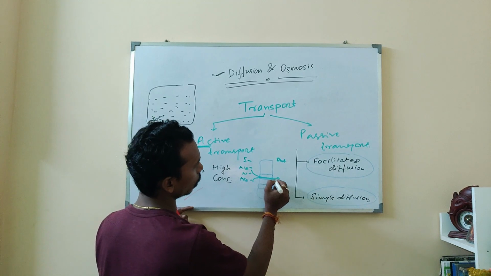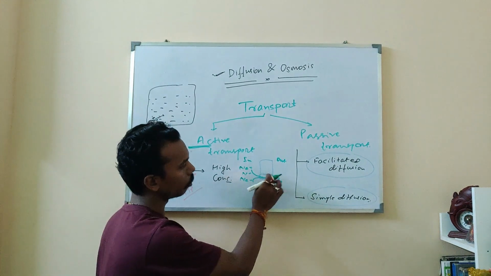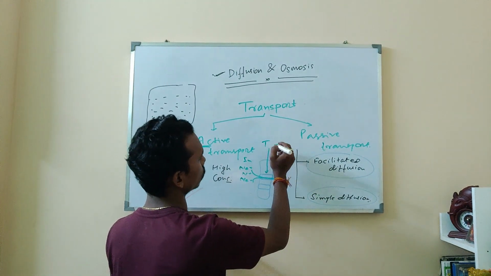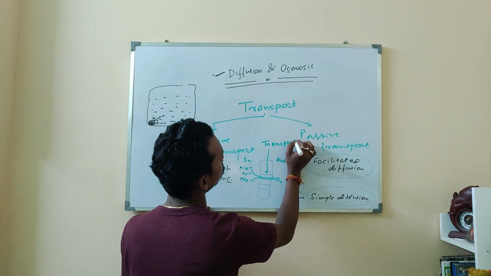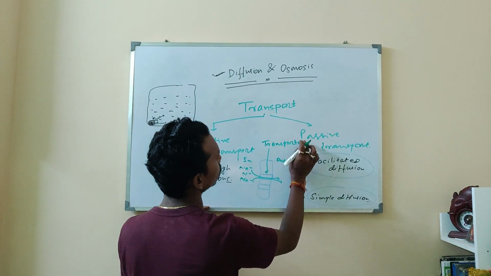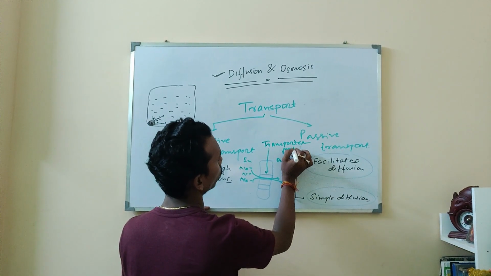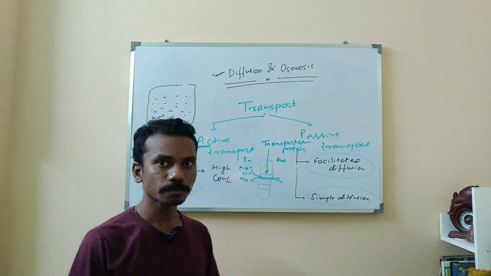When the sodium ions are going to get transported with the help of this transporter proteins across the cell membrane, then you can only say that the diffusion is facilitated diffusion. Hope the concept is clear now.